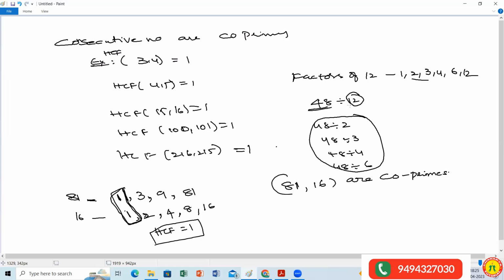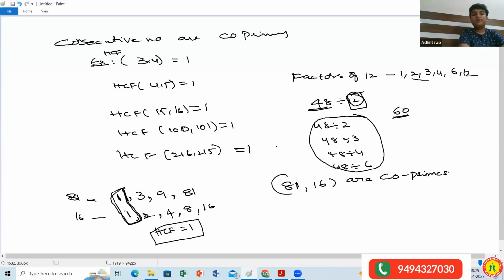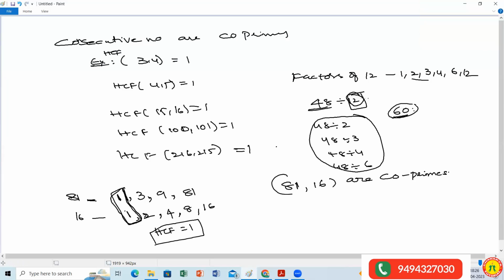Ma'am, can 62 be divided by 12? 62 is not a factor of 12, right? What are the factors of 12? Ma'am, actually 60 can also come. 60 will come, but she's asking about 62.